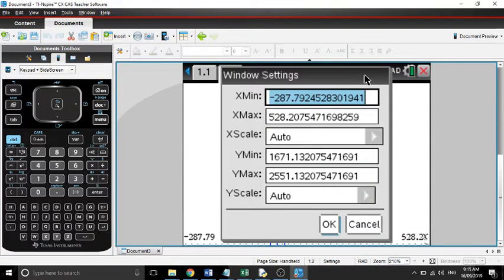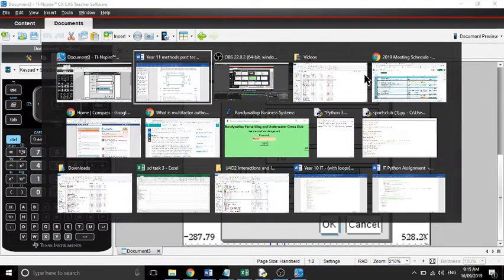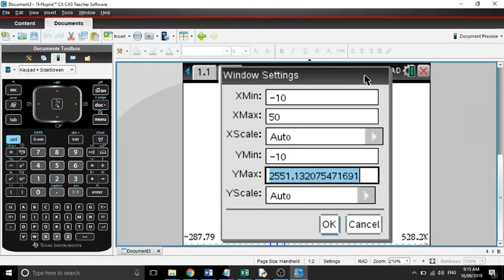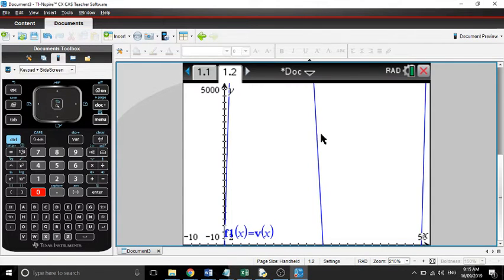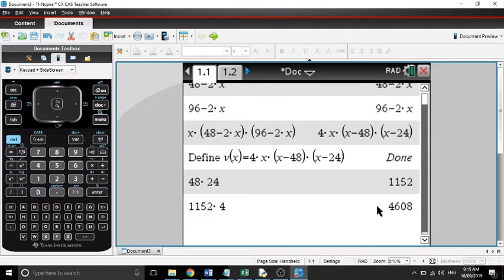So I'm saying x min of say -10, x max of say 50, a y minimum of say -10, and a maximum of what would it end up going to? We'll go to 5,000. Now we're starting to get somewhere. So, what was this? 4608.